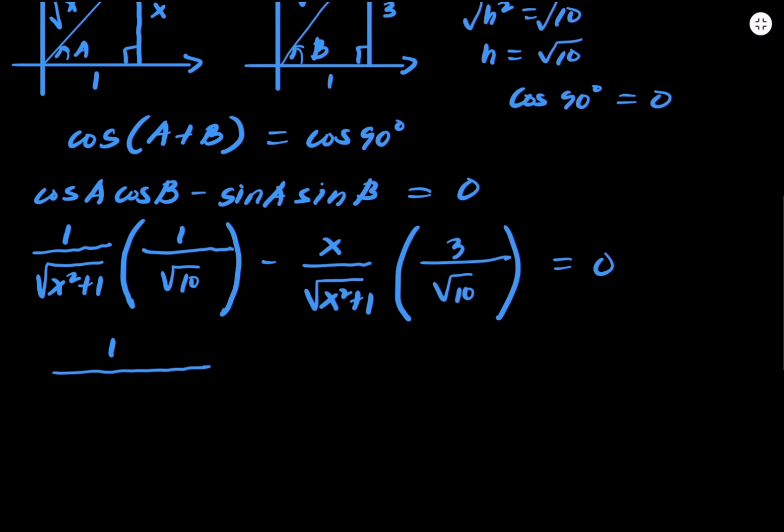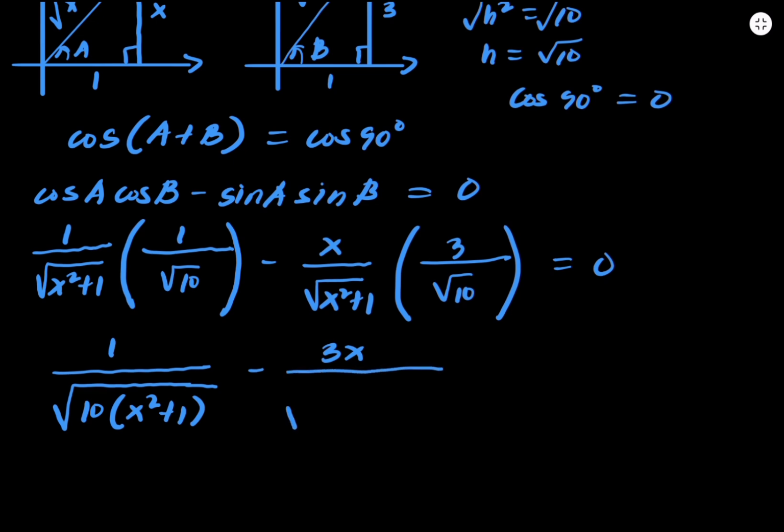So hence we have 1 over the root of 10 times x squared plus 1, and then minus 3x over the root of 10 times x squared plus 1. And everything is equal to 0.